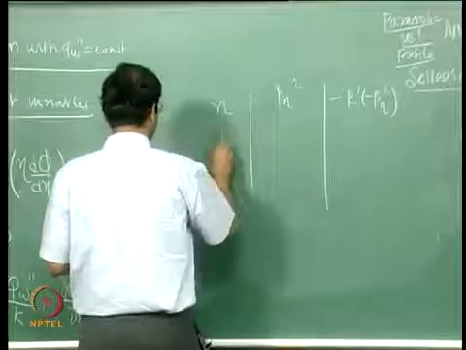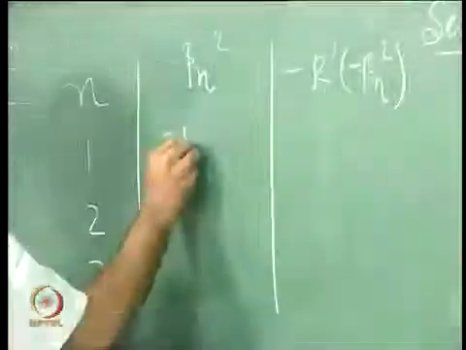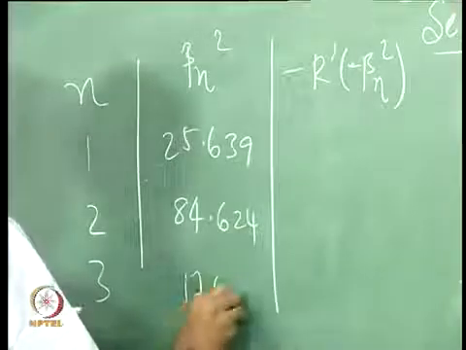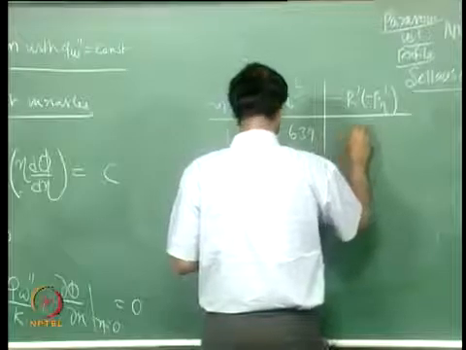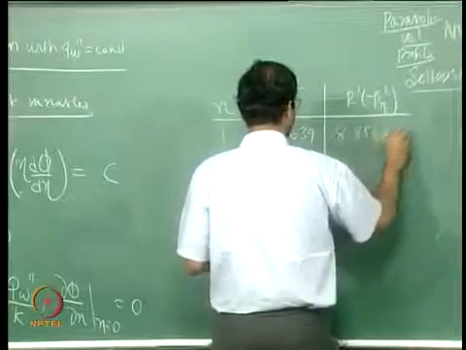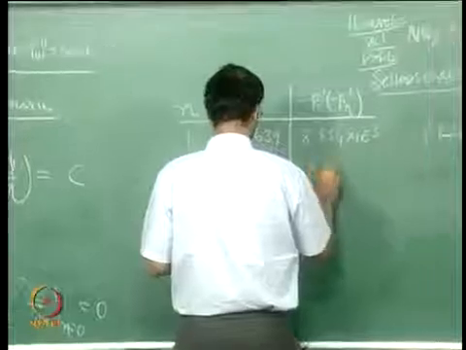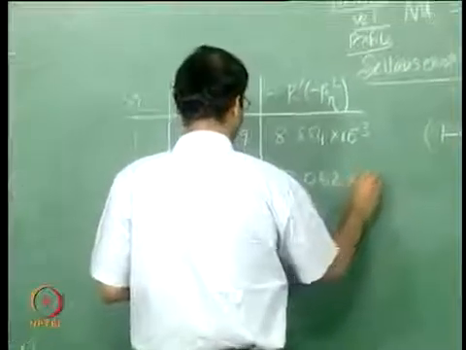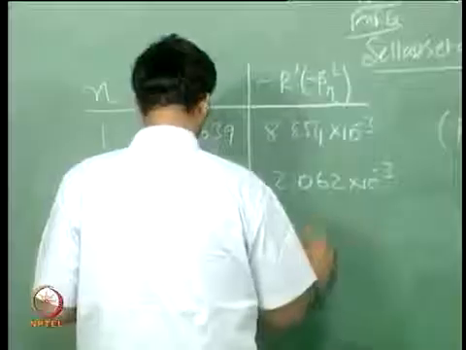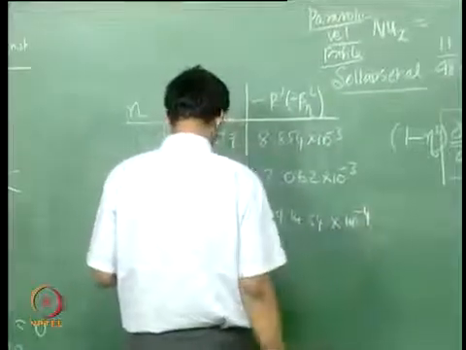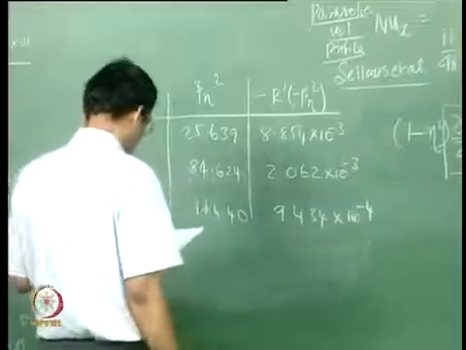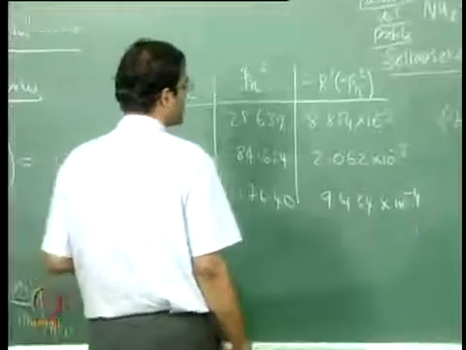So n 1, 2, 3, the values go as 25.639, 84.624 and 176.4, 8.854, minus 3, 2.062. Okay, so therefore this is what he has done.